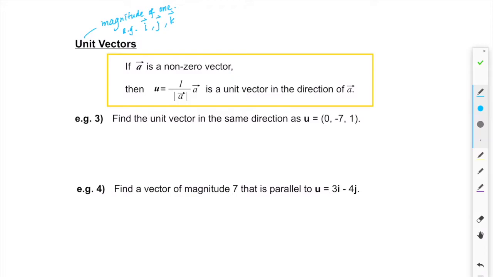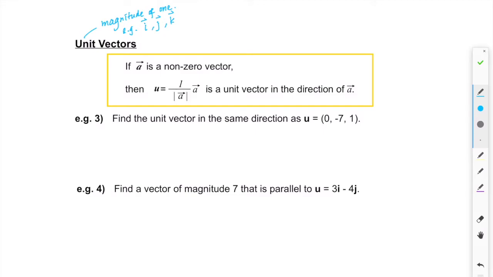So I say that if I have a non-zero vector, vector A, then I can find the matching unit vector of vector A by finding a scalar multiple that will turn this vector A into a new vector pointing in the same direction that has a magnitude of 1. Okay, that's basically the idea.